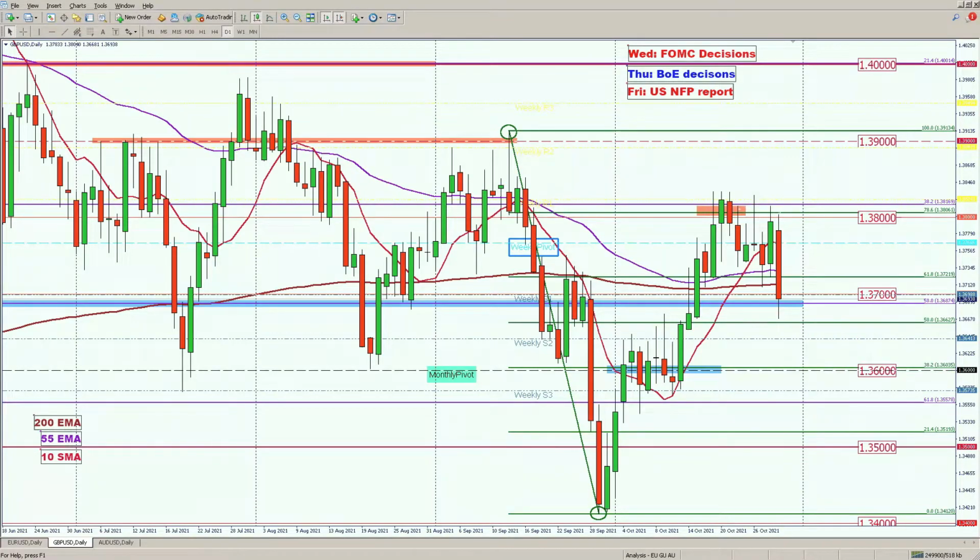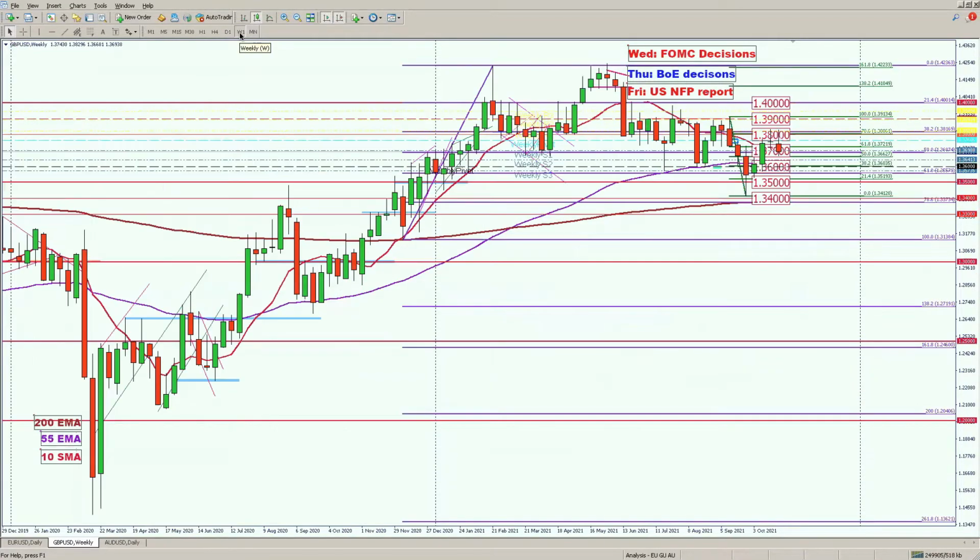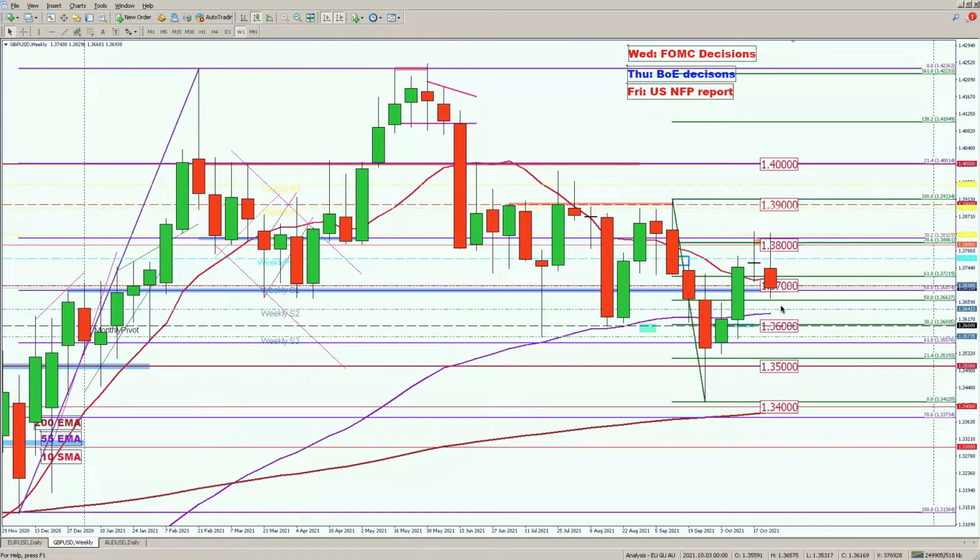Okay, let's take a look at the weekly time frame, where last week was a doji, and that was already hinting at a potential dip lower as an evening doji star, but it didn't drop very far.